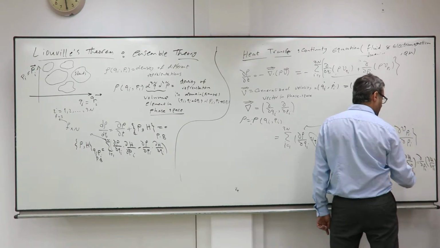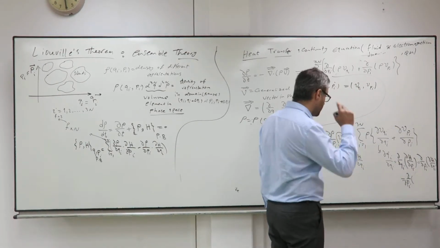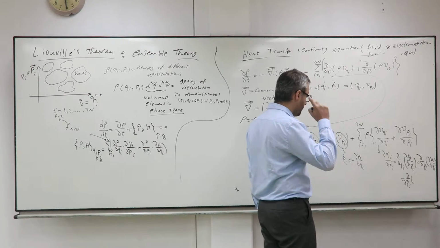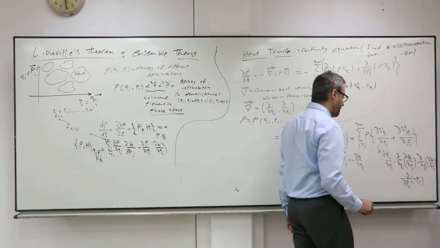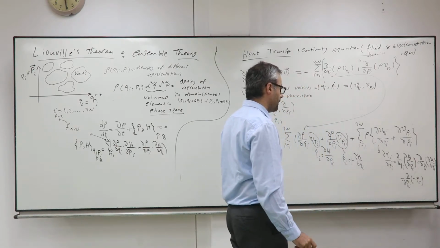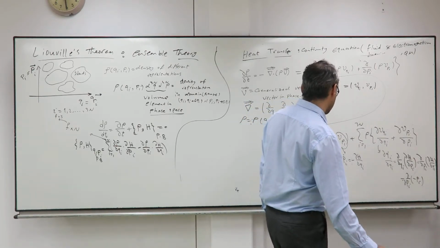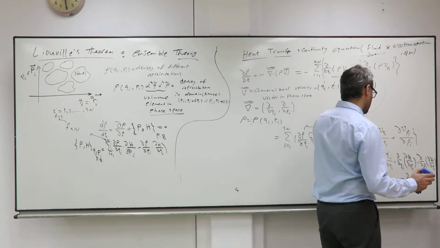And what is the partial derivative of H with respect to Q_i? It is minus P_i dot.